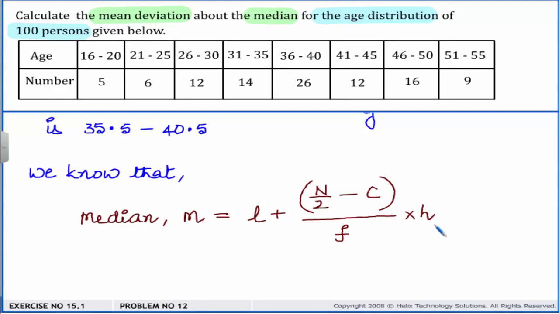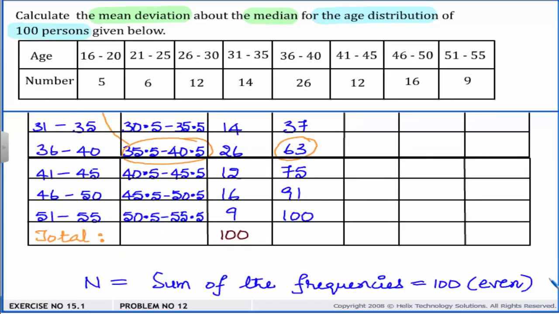Here, lower limit is equal to L equal to 35.5 plus n by 2 is 50 minus the value of capital C is the cumulative frequency just preceding the median class. That is, we have this, that is 37.